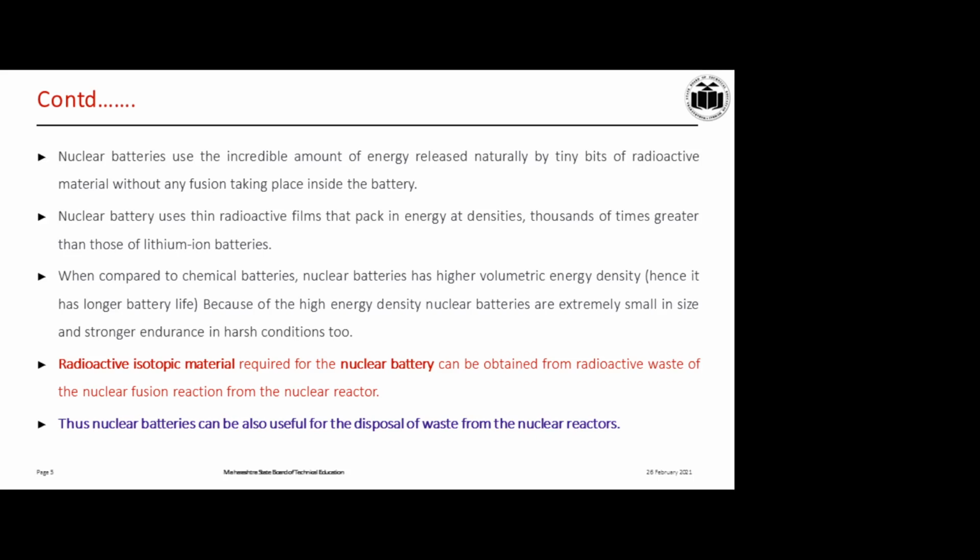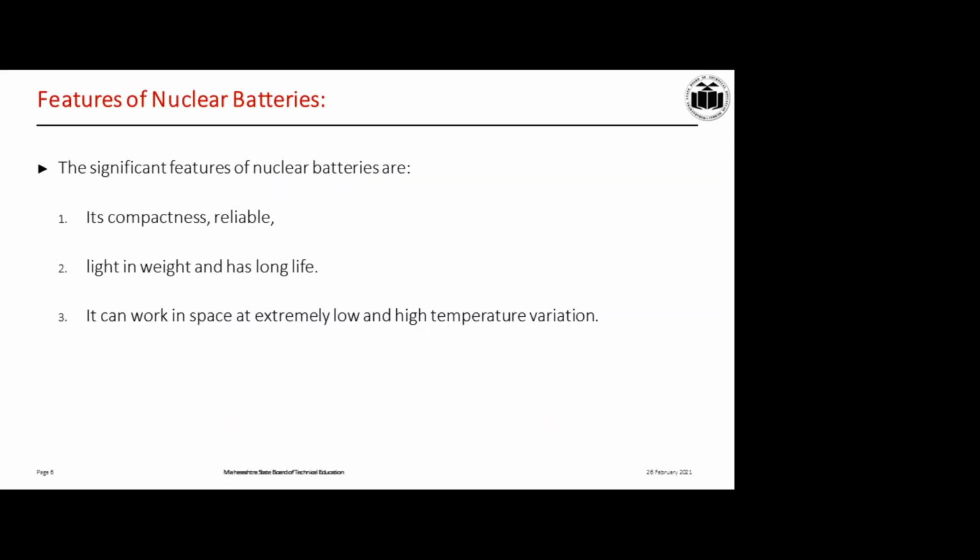So nuclear batteries can also be useful for the disposal of waste of the nuclear reactor. In another way, we can say that this nuclear battery will help to dispose of the waste of a nuclear reactor. So these are the features of the nuclear batteries.